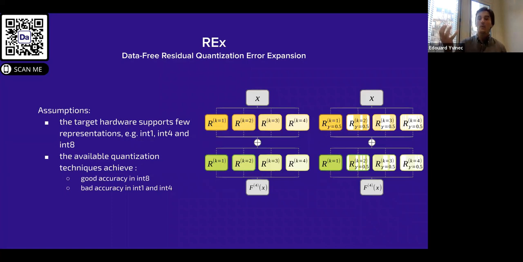So now what you can do, let's say that you required 5 bits to have the full precision accuracy. You can use 4 bits for the first residue and 1 bit for the second residue. So what you would get is 5 bits that are well leveraged by your hardware, but only using the quantized operation and the residual method.